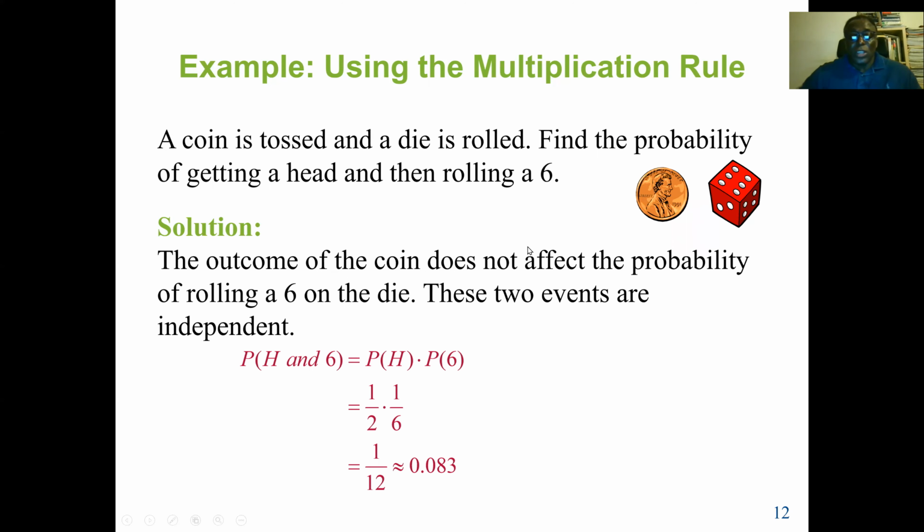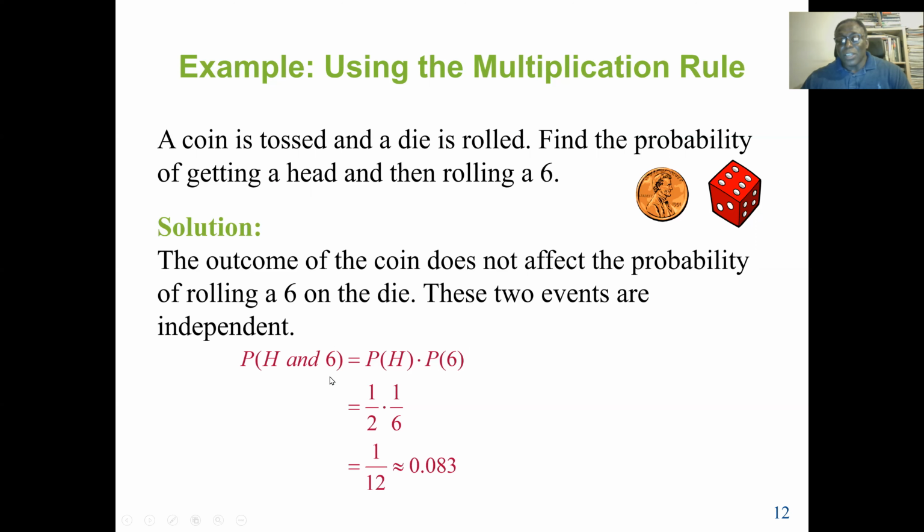Let's see the solution. Since the outcome of the coin does not affect the probability of rolling a 6 on a die, the 2 events are again independent. So probability of H, which is getting a head, is half, 50-50.